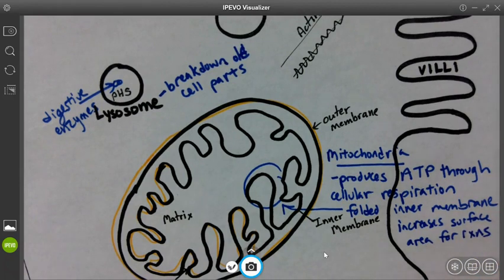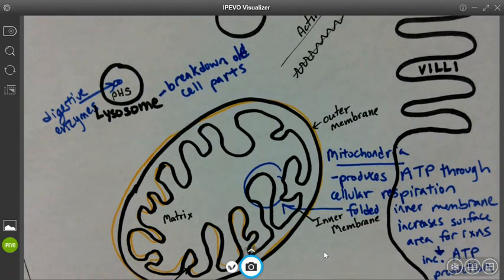Which means that the rate of respiration can be higher, which leads to an increase in the ATP production, which is very important because we go through ATP very rapidly to do active transport, to help cells grow and develop, to do all sorts of metabolic processes.